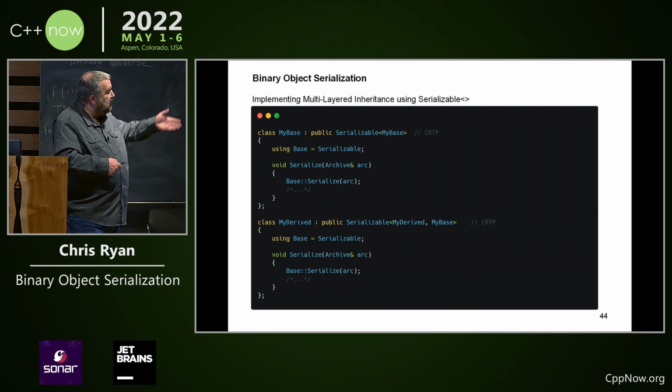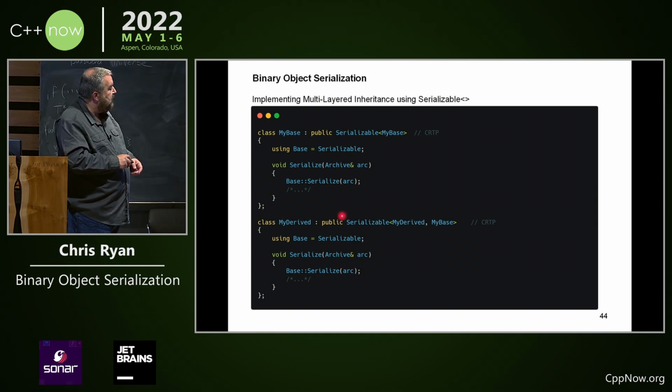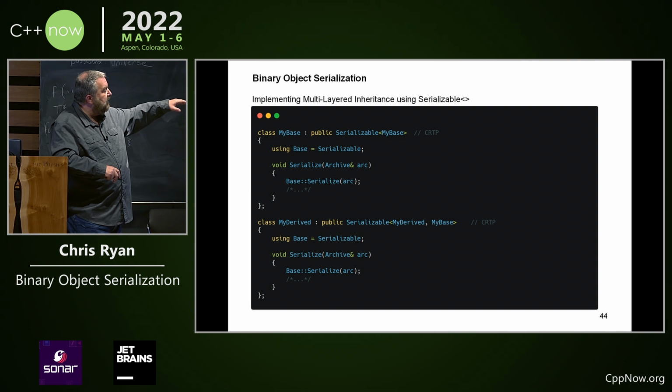So here's the multi-layer serializable, which is kind of what I was doing there. But then here you have a serializable instance, and above here you have the serializable. The middle one is serializable my derived, and the one above is serializable my base.